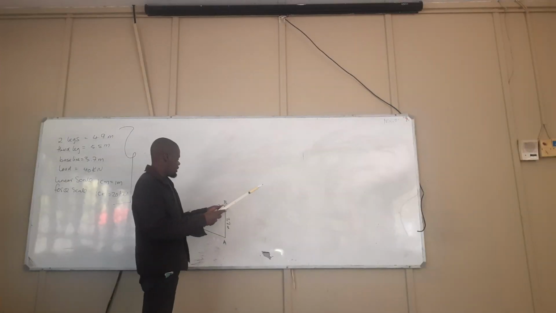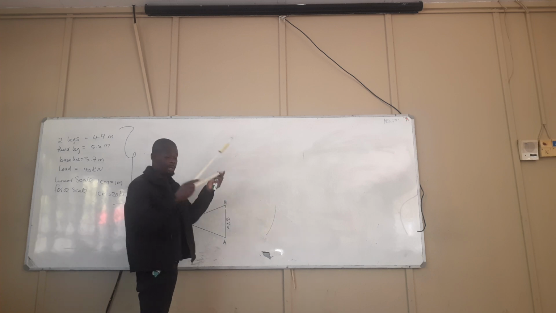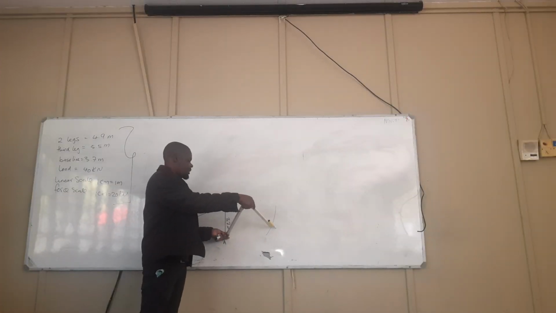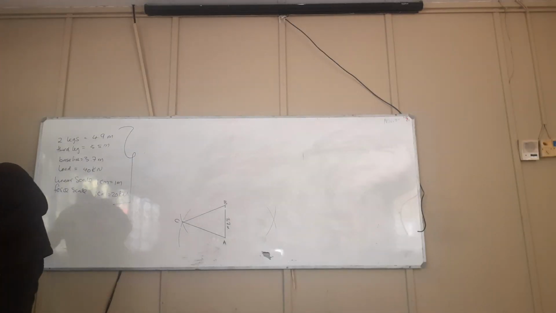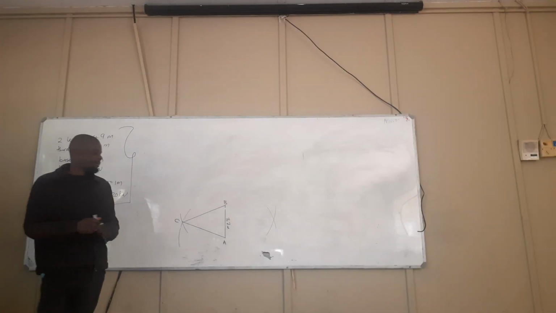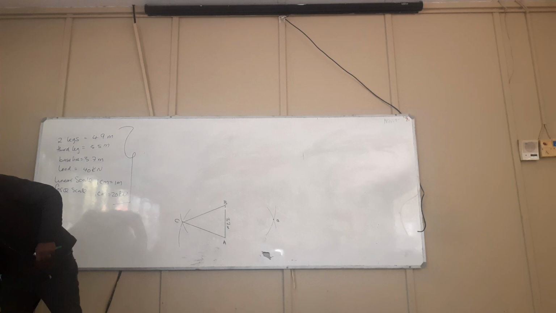With center B, you subscribe an arc up. This is 4.9. With center A, you subscribe an arc up. So let's give that point of intersection a name. Let's call it point O. So you join O to B, you also join O to A.